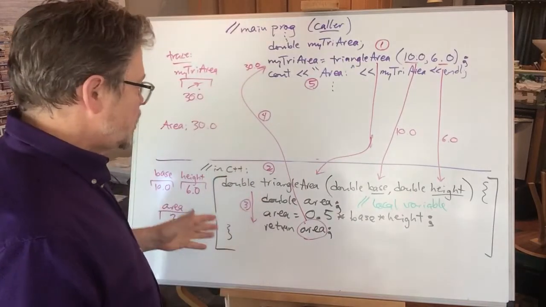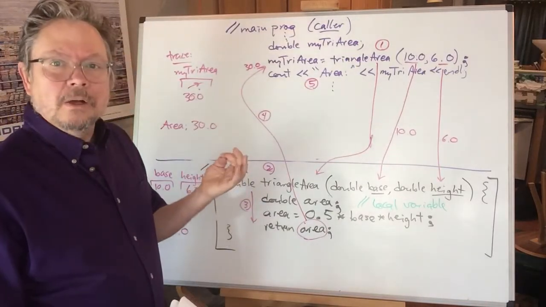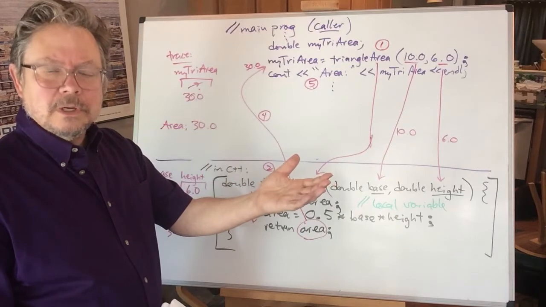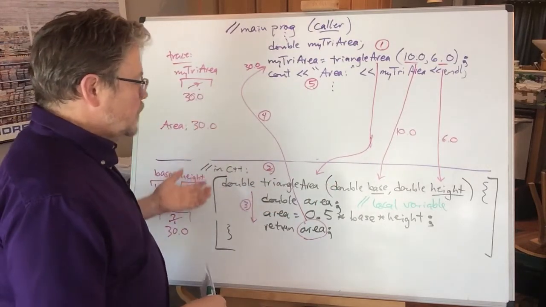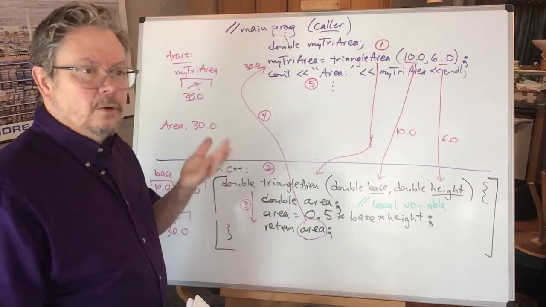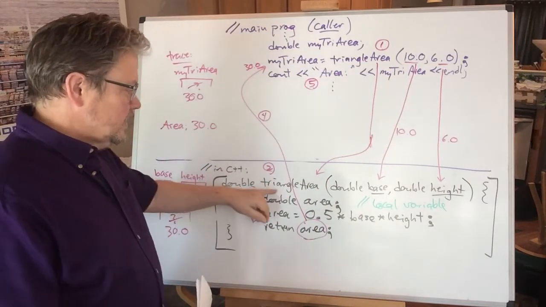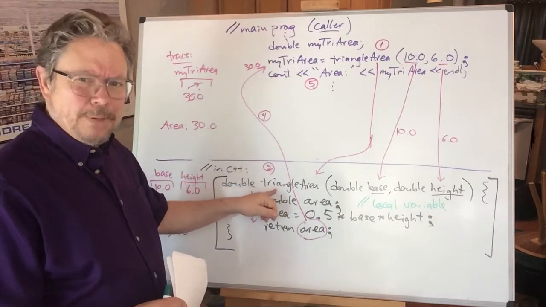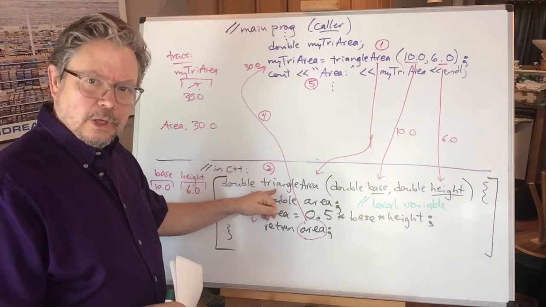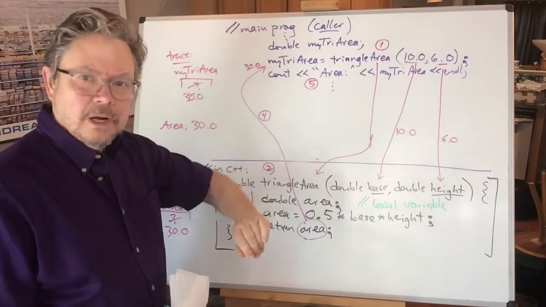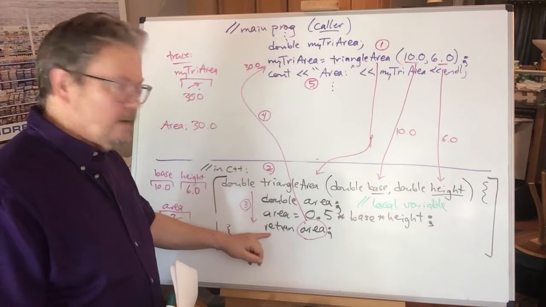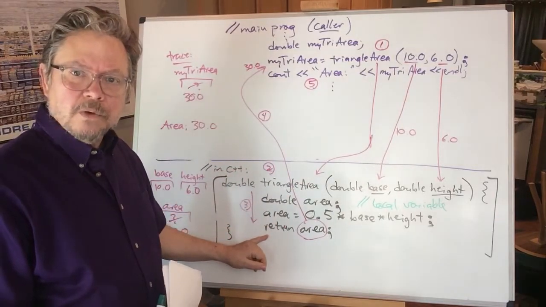If I have a function named display triangle area, then it's okay for it to print to the screen. If I have another function called read triangle base, then that can read from the keyboard. But one like this that's doing a calculation doesn't have any business printing or reading anything from the screen. This shouldn't read base or height from the keyboard. This should not even print the area when it's done in the final version.